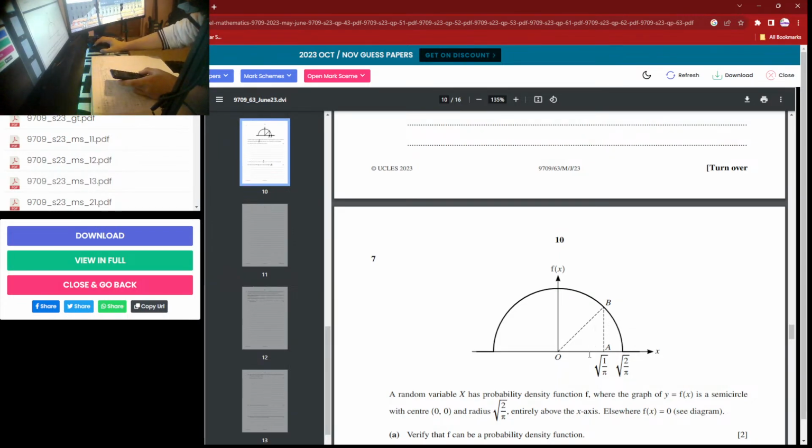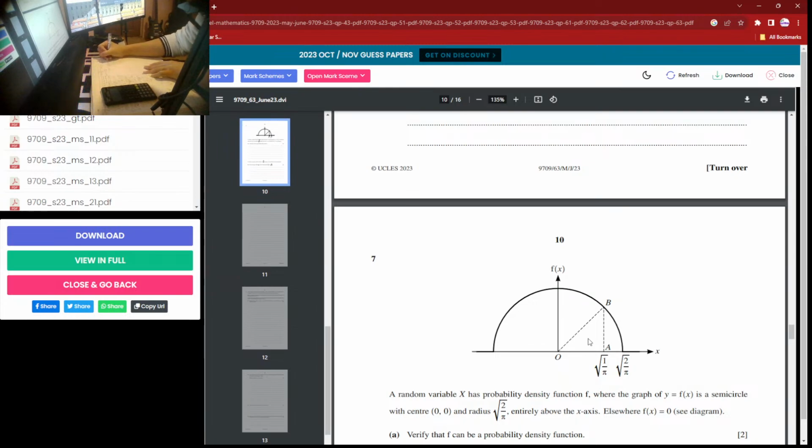And then from that, we just minus it with the triangle. So, sorry, I think we have to find BA first. So for the triangle, since we know that this is 1 over 4 pi, and we know that one side is root 1 over pi, the opposite, so we need to find the opposite and adjacent, which is tangent.